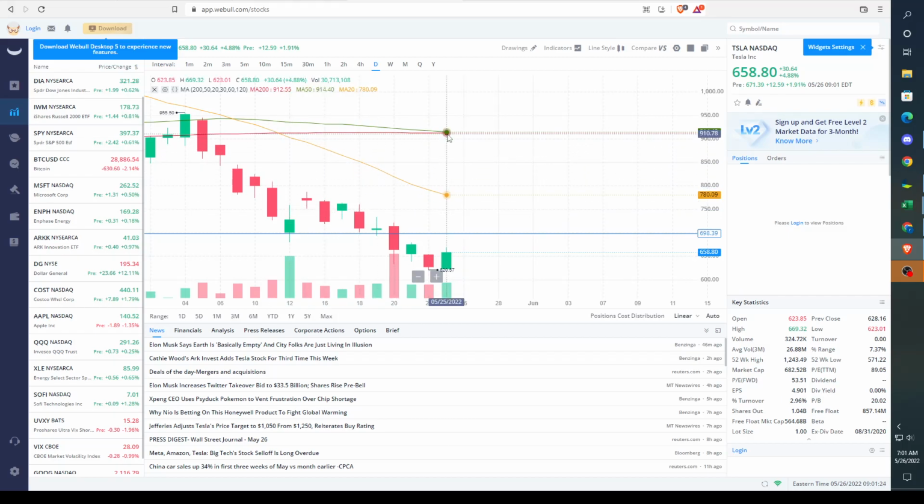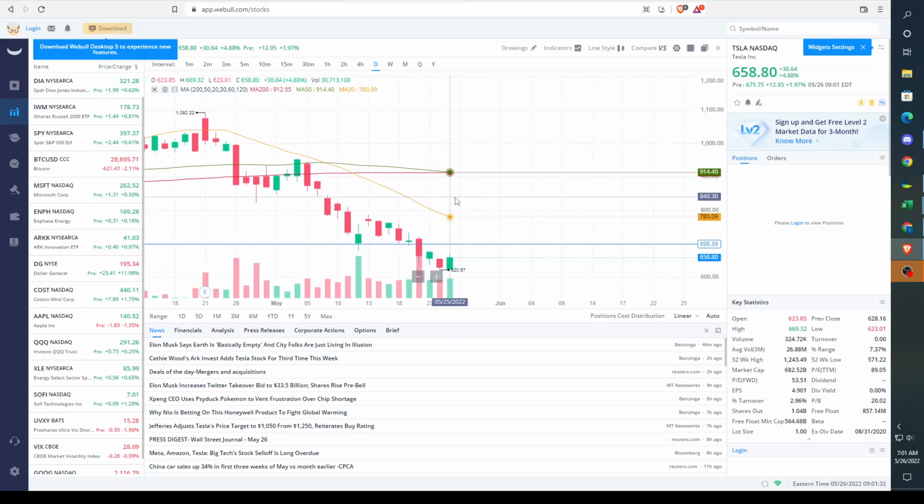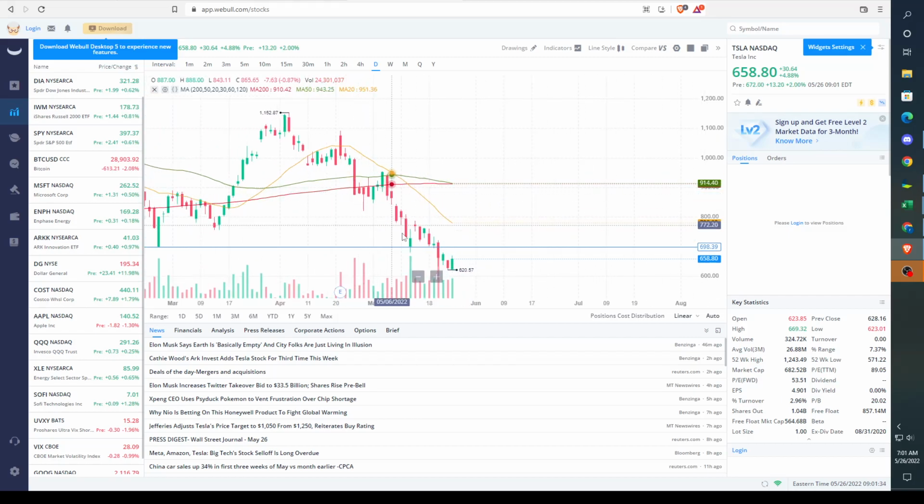So right now, the 50-day moving average is 914.40 and the 200-day moving average is 912.55. To actually avoid this death cross, Tesla is going to have to make some massive move, like a $100 or $200 day, and it's just going to have to continue nonstop. Then this 50-day moving average can start curling up, but I almost feel like at this point it's inevitable.